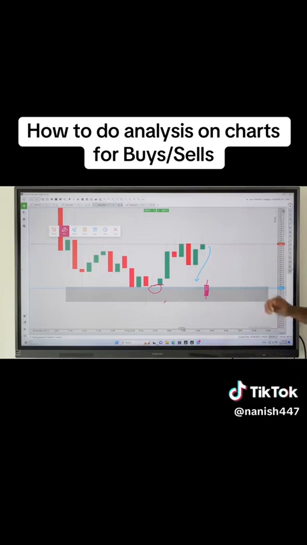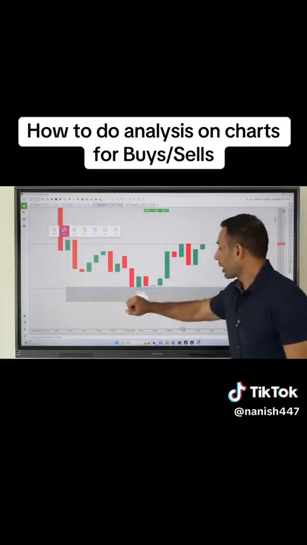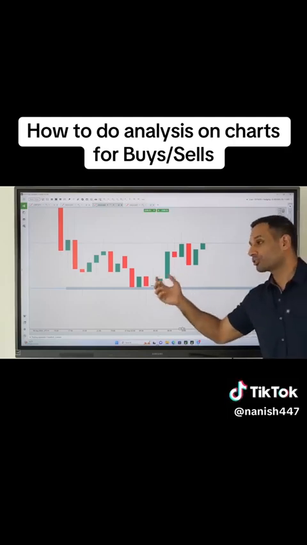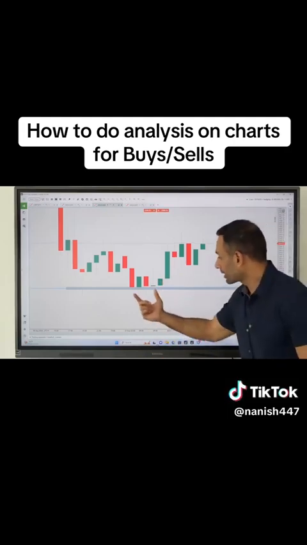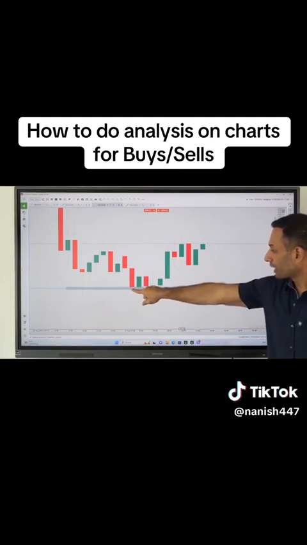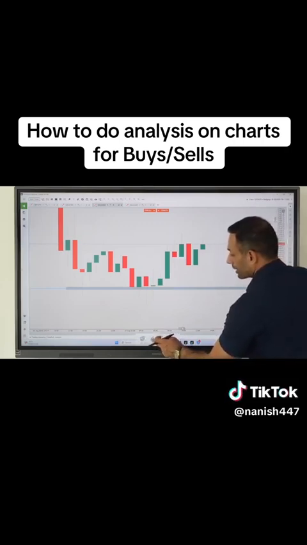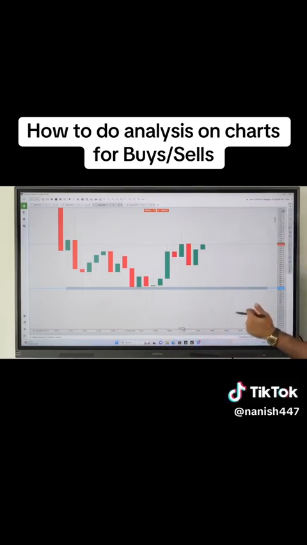My favorite way to look at the zones is this: I'm going to make this zone a little bit thinner, like this, just like a ballpark value. It doesn't need to have a specific amount of pips that the zones should be. Now we know that the candles close right over here. If you look at the candles one by one, you're going to see that the candles were rejecting a specific price, right?